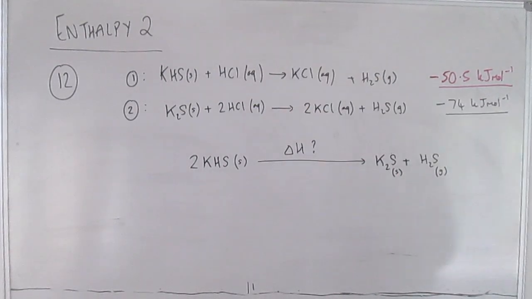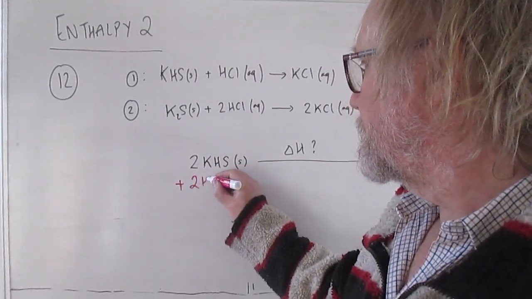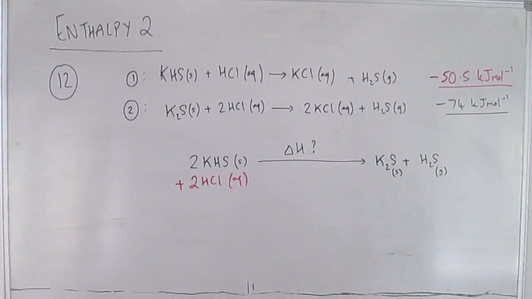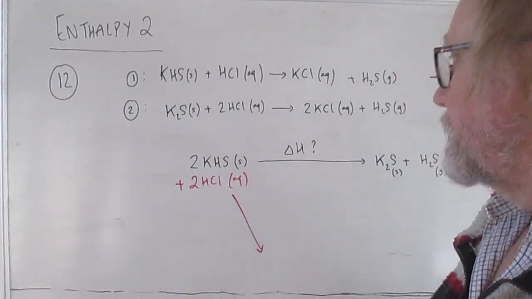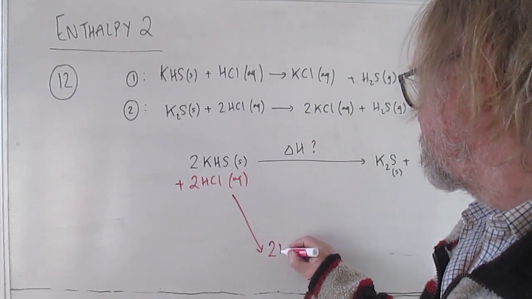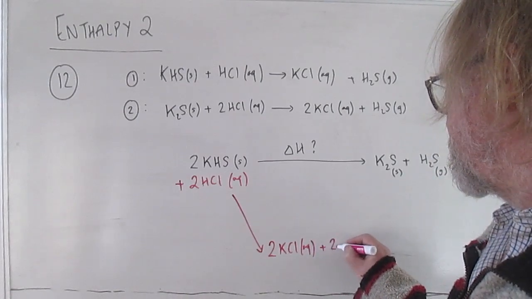So if we look at the first reaction, KHS plus HCl, you can see we've got two KHS's there, so we're going to have to put two HCl's in here to react with those, and that will take us down here to give us 2 KCl aqueous plus 2 H2S.